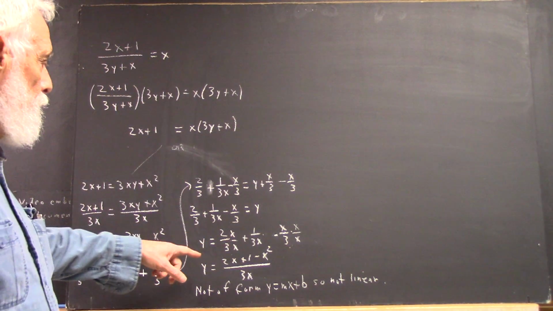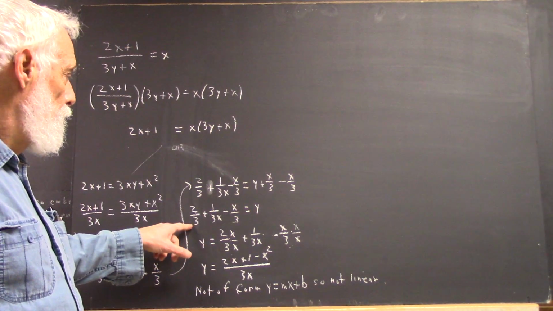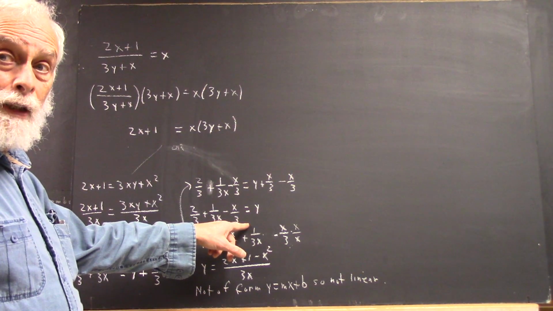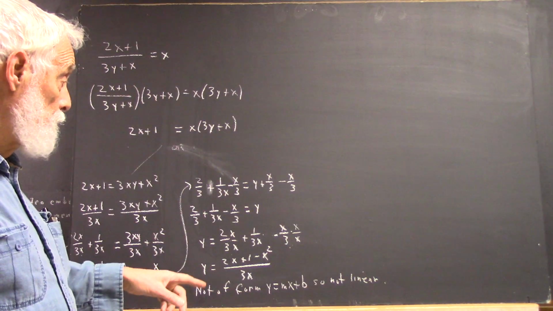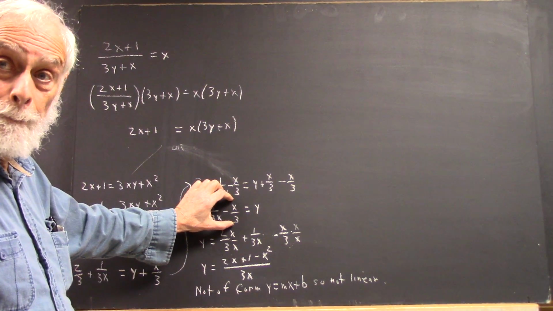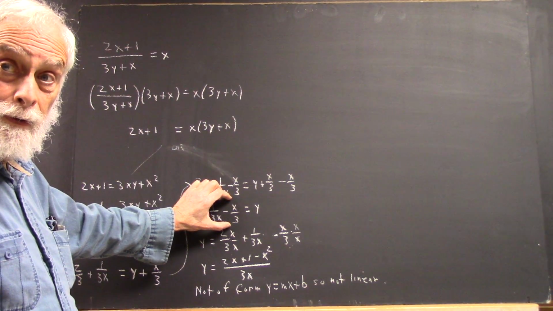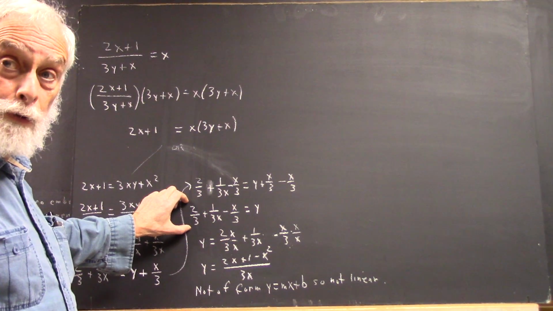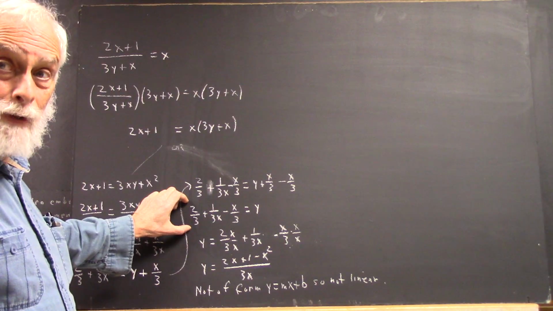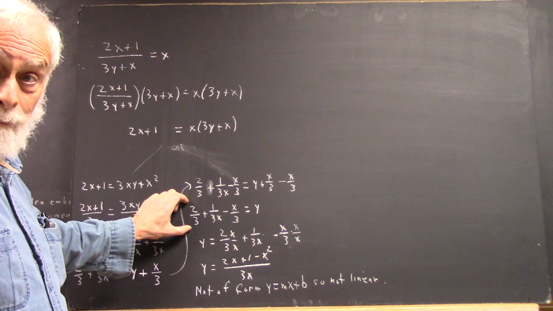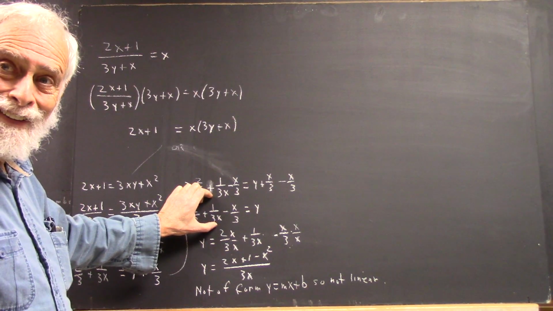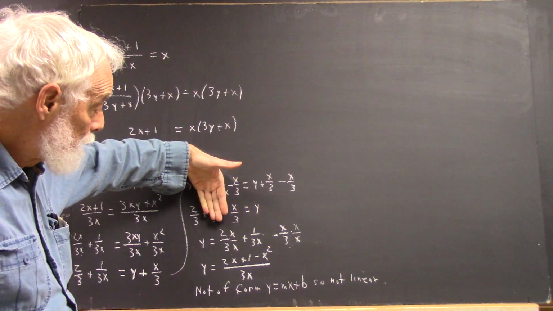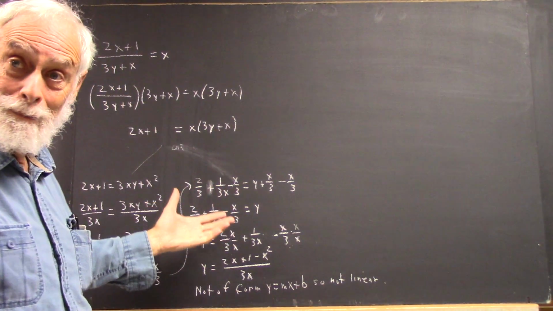When it's in this form, it's not in the y equals mx plus b form. This could be an mx, right? That's a multiple of x. Slope would be negative 1/3, and b would be 2/3. b's got to be just a constant number, right? So if we didn't have this here, without that it's linear, but with this, forget it.